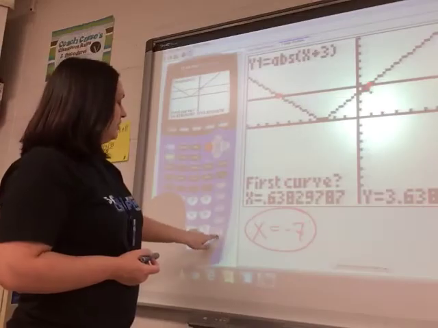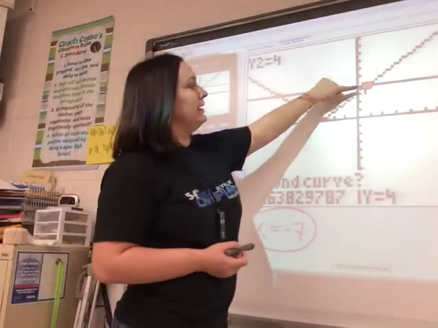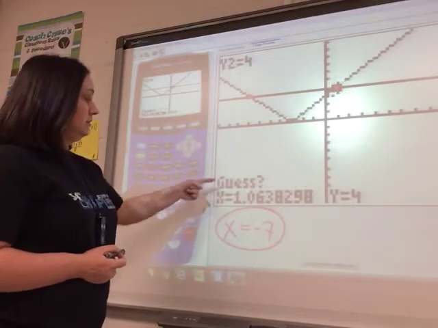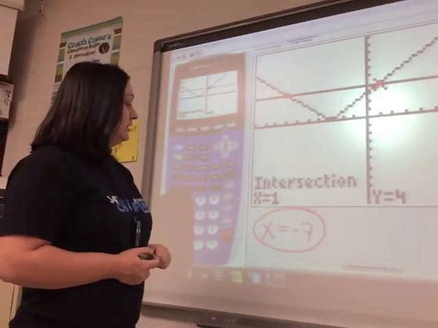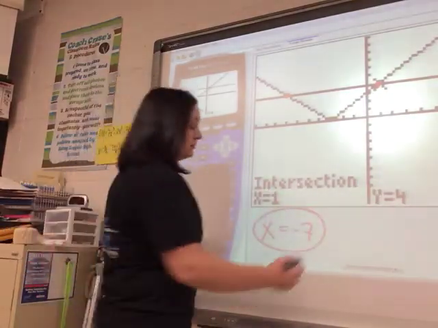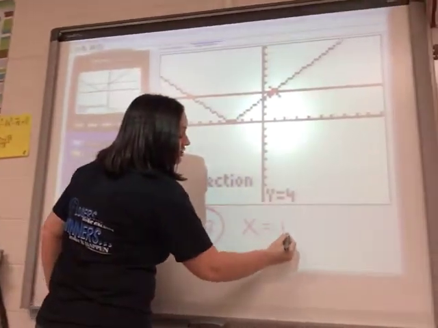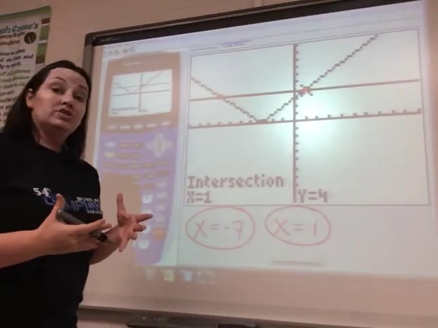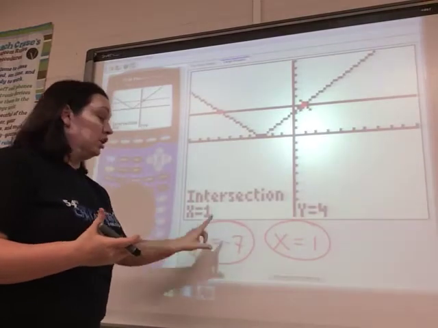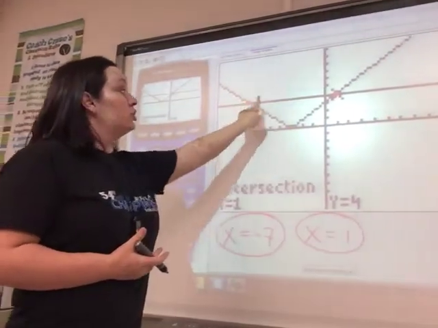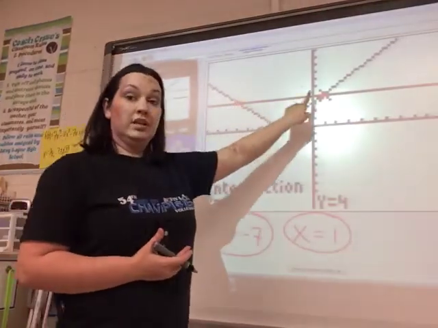I want to hit enter on my absolute value. It jumps to my linear, so I want to get closer on my line. Hit enter. Hit enter again on guess. And again, the ordered pair is 1, 4, and we only care about the x value. So a solution is when x is 1. So we just found the answers to this absolute value equation graphically. x is -7 and x is 1. It's where our two functions intersect.